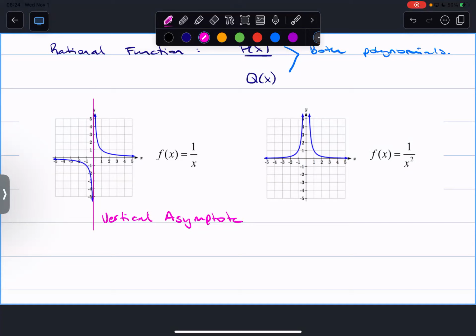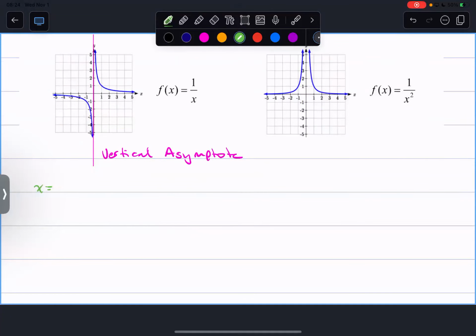If we take a step back and we look at just 1 over x, we know that the domain of 1 over x, we know that we can't divide by 0. And so x equals 0 is not in the domain. Notice x equals 0 is not in the domain.